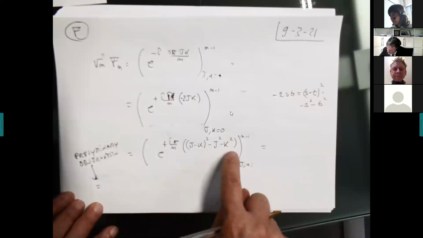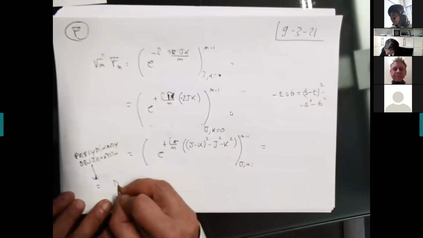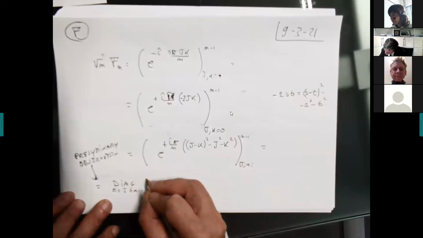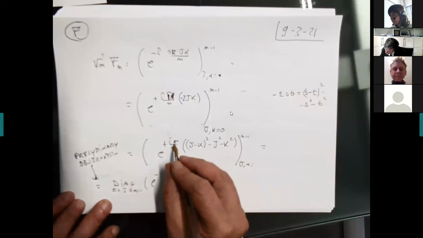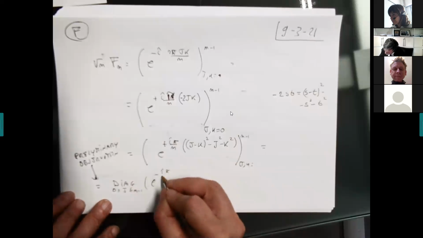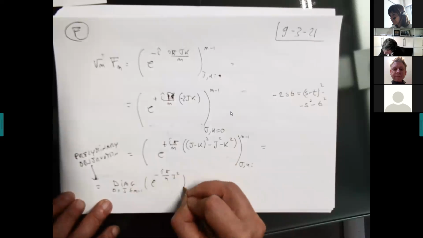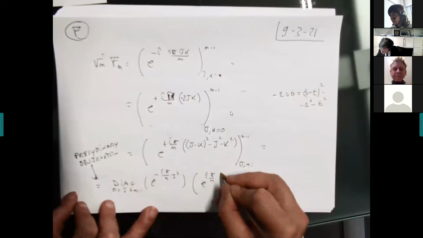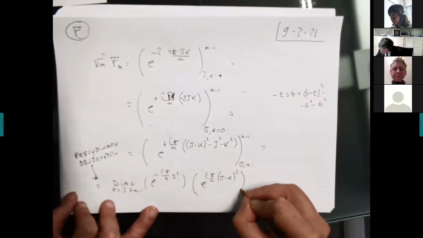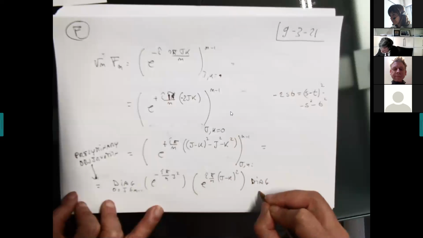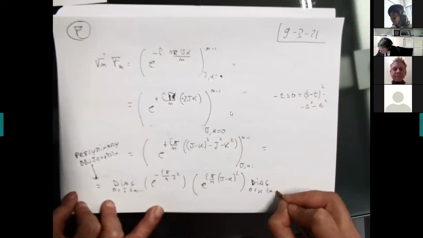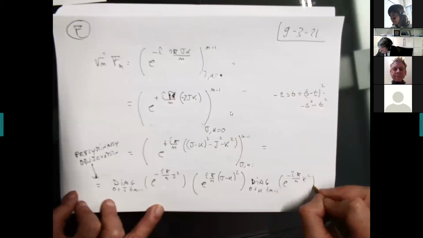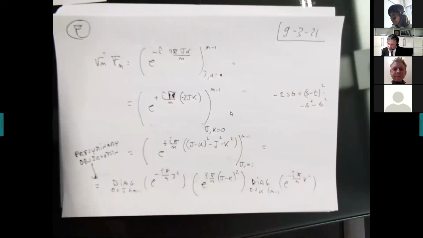So this row and these columns, so this is equal to diagonal for j going from 0 to n minus 1 of e to the minus i pi over n j square, then this matrix e to the i pi over n (j minus k) square times diagonal k from 0 to n minus 1 of e to the minus i pi over n k square. I've used the preliminary observation.